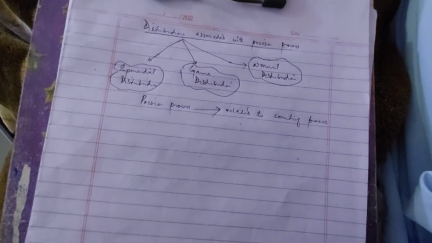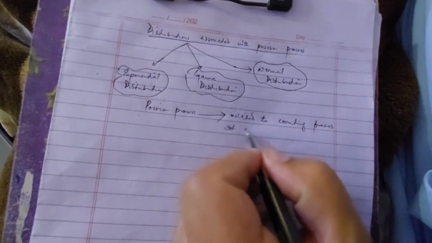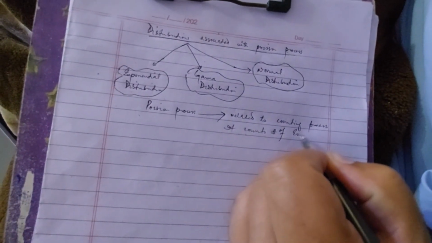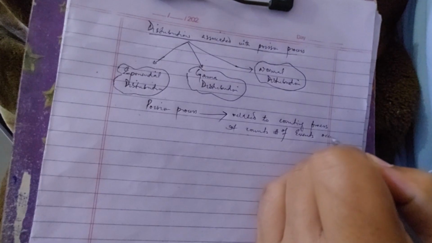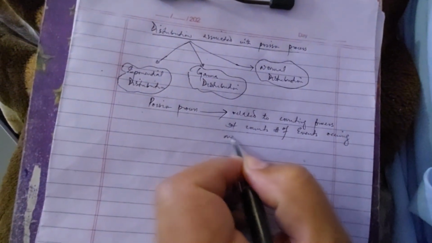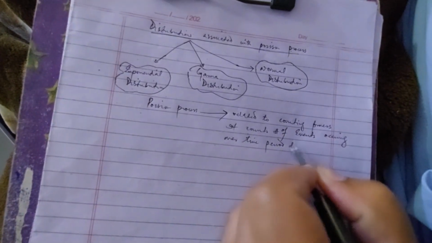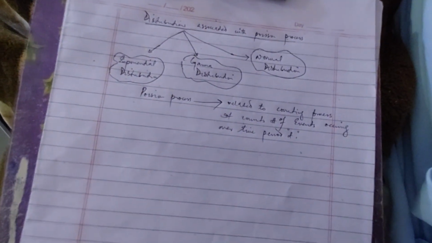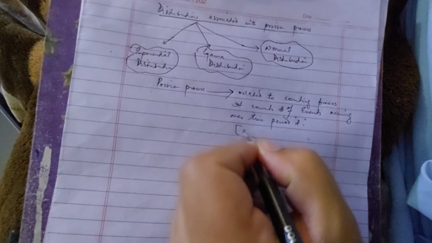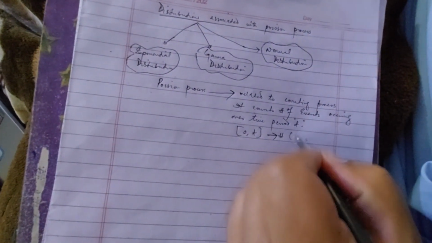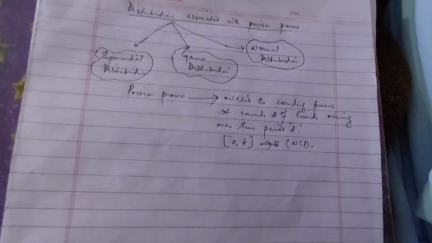What does it count? It counts the number of events occurring over time period t. From 0 minutes to t minutes, the number of events occurring, N(t), is predicted by the Poisson process.